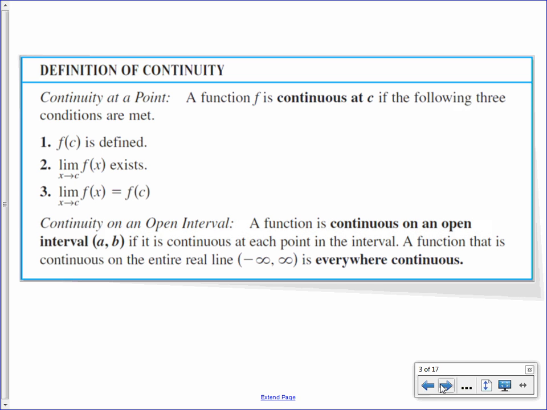Number 2, the limit as x approaches c of f of x exists. So we have a limit that exists at c. And then whatever your limit is that exists needs to equal the function value.